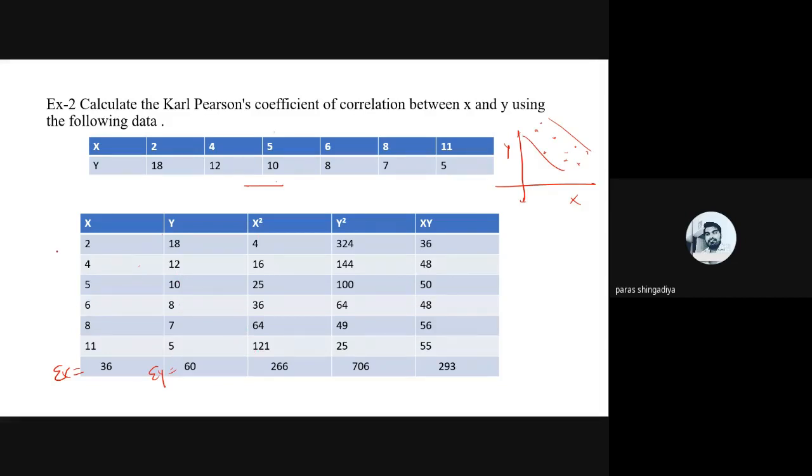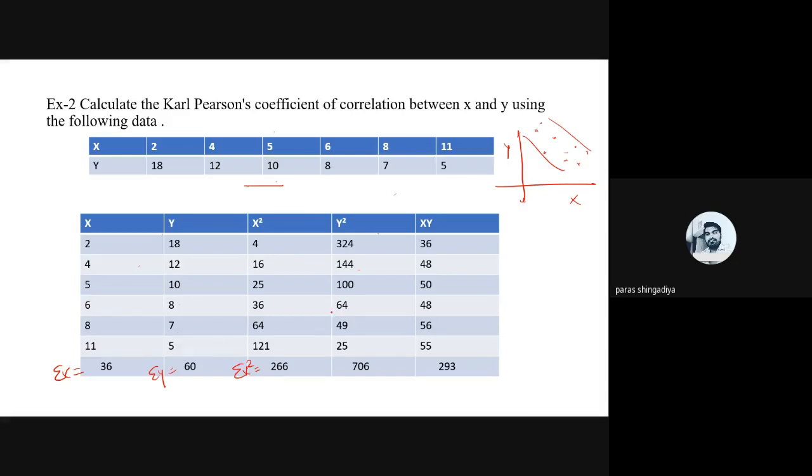Create x square: 2 square is 4, 16, 25, 36, 64, and 121. The total of x square is 266. Now y square: 18 square, 12 square, 10 square is 100, 8 is 64, 7 is 49, 5 square is 25.